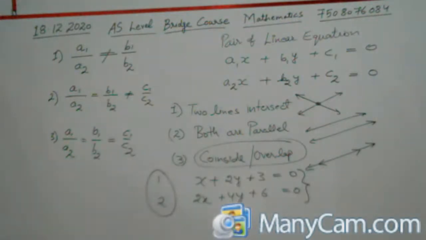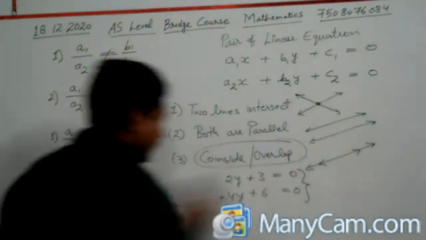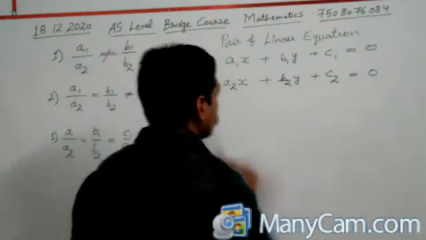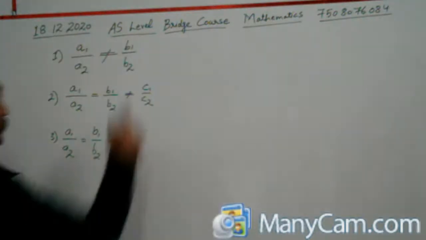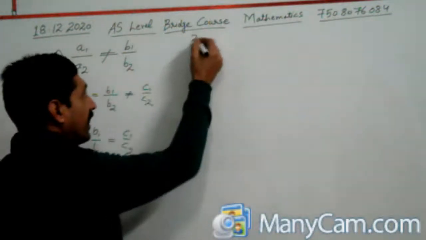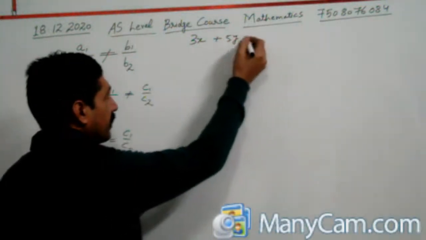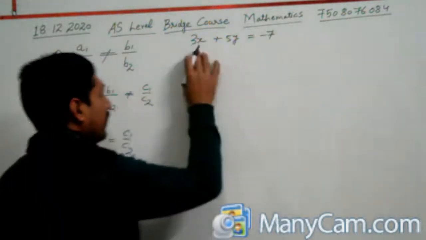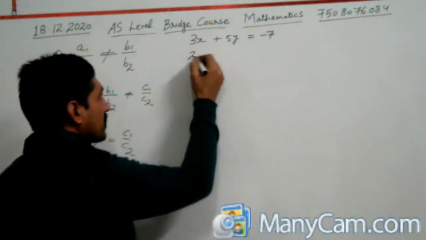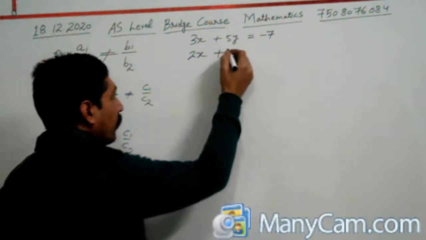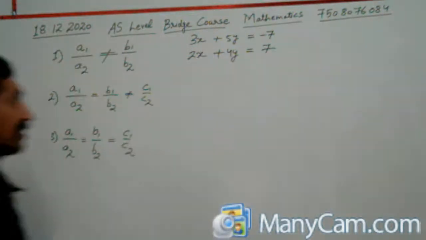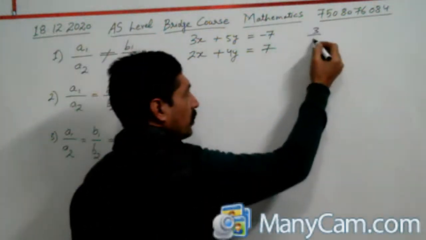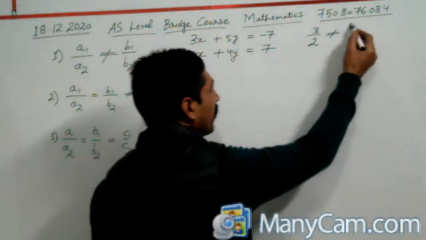Right? So here, let me make the equations again with some examples. First example, if we have 3x plus 5y is equal to minus 7, and 2x plus 4y is equal to 7. So here what is the condition? 3 upon 2 is not equal to 5 upon 4.